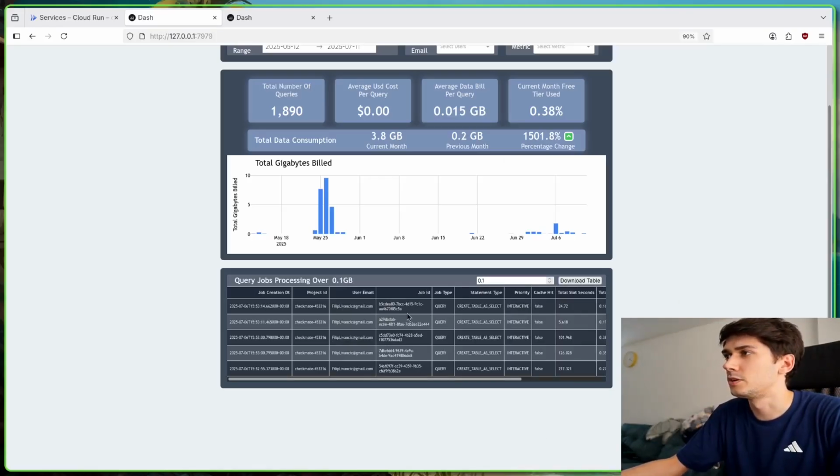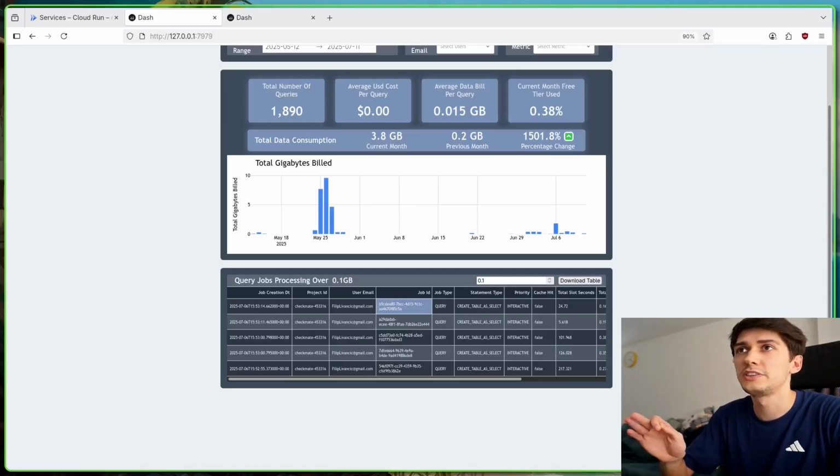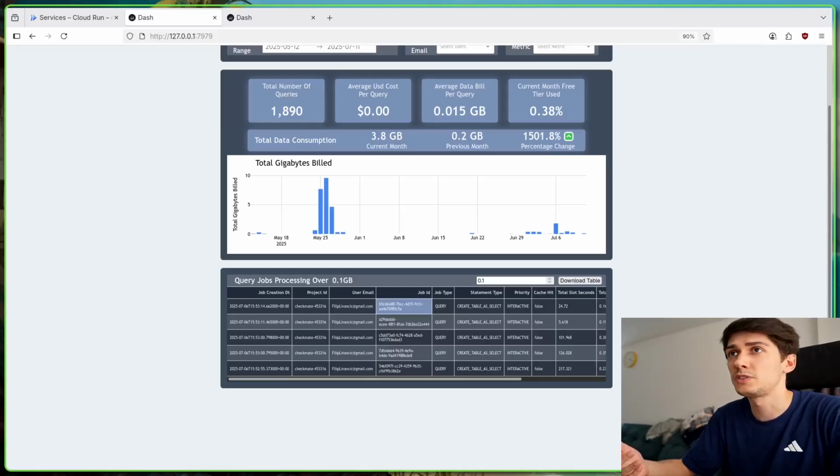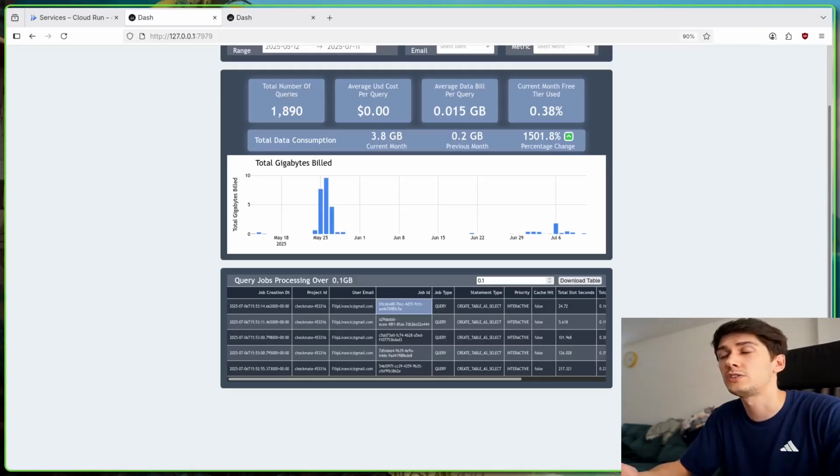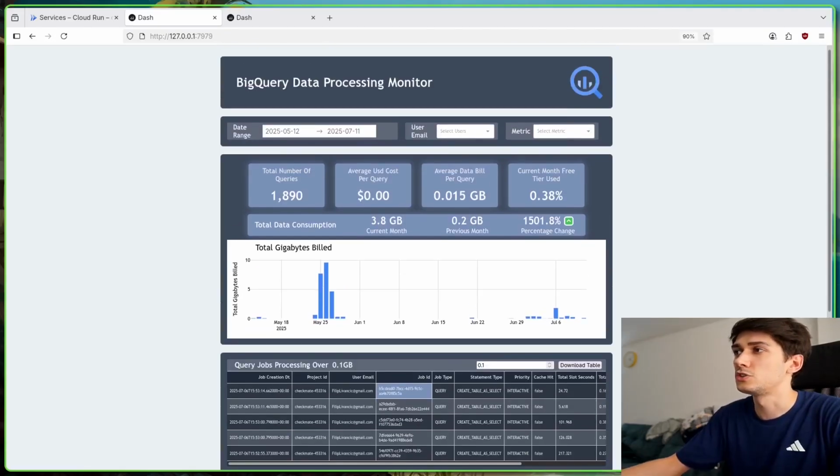But what you'll be interested in is taking these job IDs, plugging them into your information schema, so you can pull out the SQL statements, and you can do your own investigation to evaluate is your SQL running in the most efficient manner possible, so you're not incurring any unnecessary cost, and you can go ahead and update your SQL scripts as necessary.